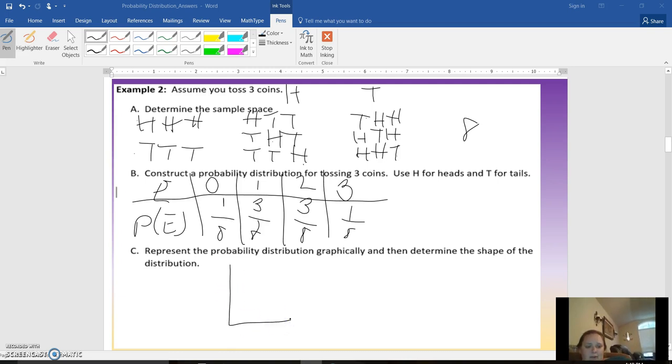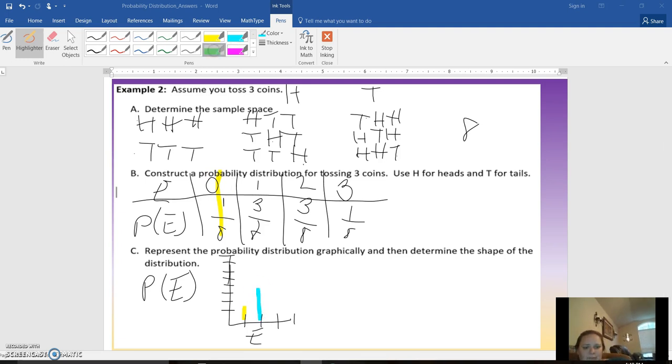We wanted the graph. The probability goes here. The event goes here, so it would be 0 heads, 1 head, 2 heads, 3 heads. And so 0 heads is 1/8. 1 head is 3/8.